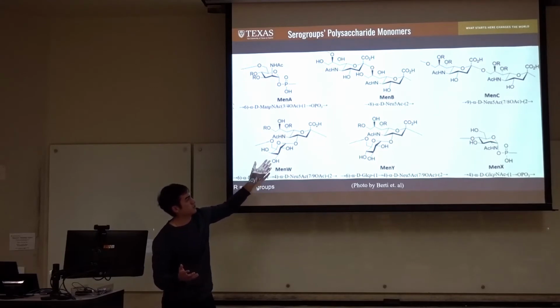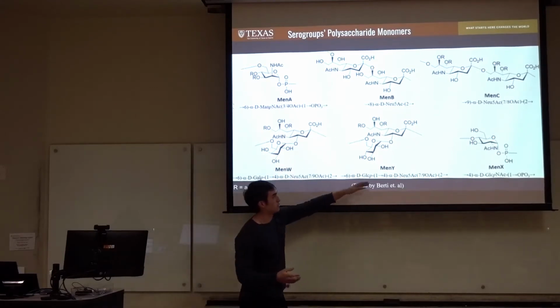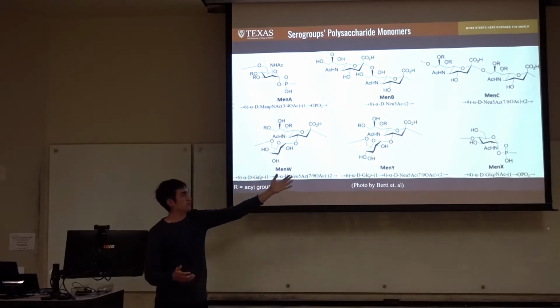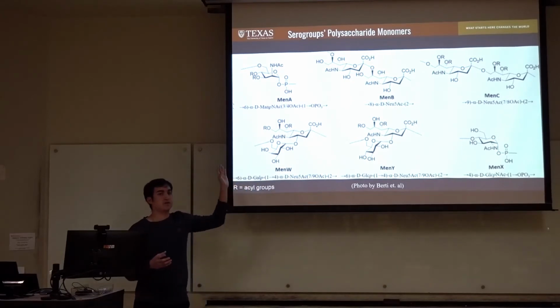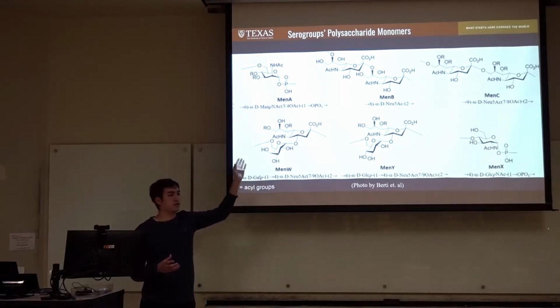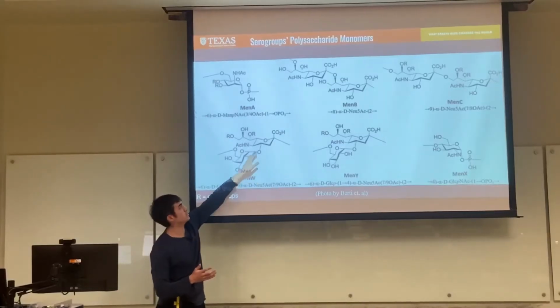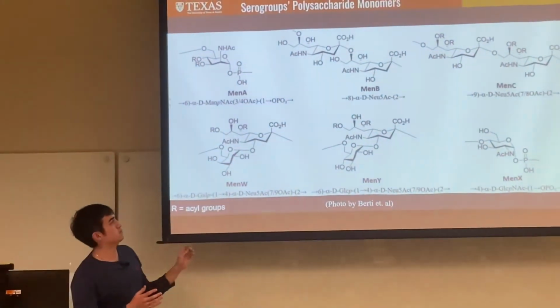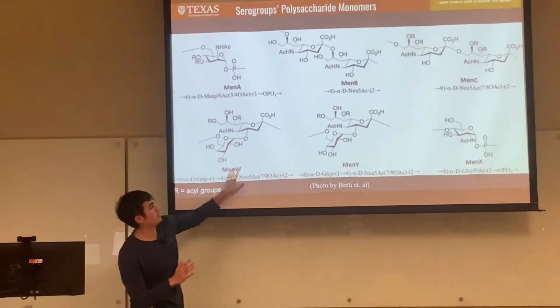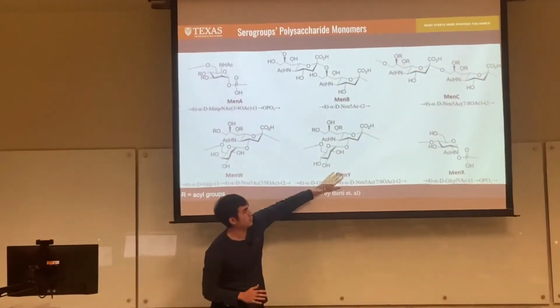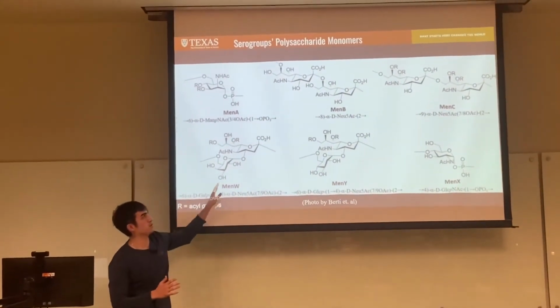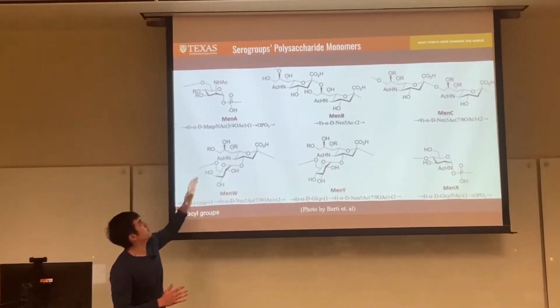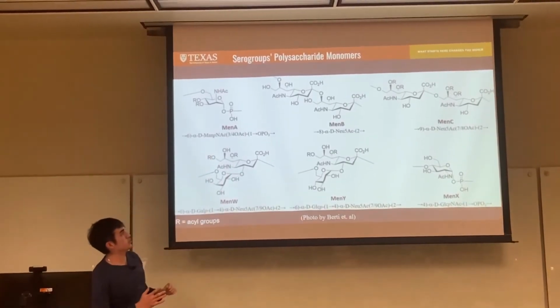Mainly, it's just minor changes in the structure. However, these 6 polysaccharide groups protect against macrophage consumption. They are just slightly modified, like Men-W and Men-Y's membranes are very similar. Men-A has a phosphate group attached to it.